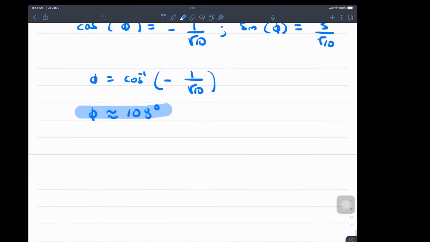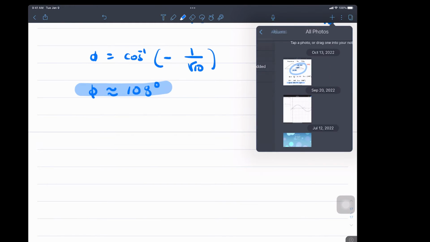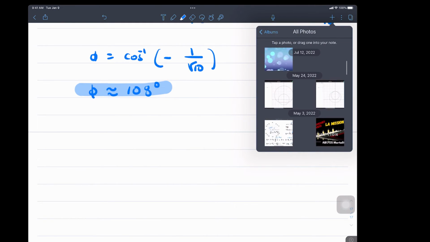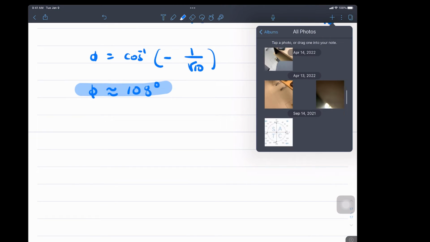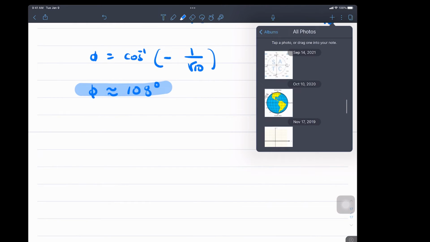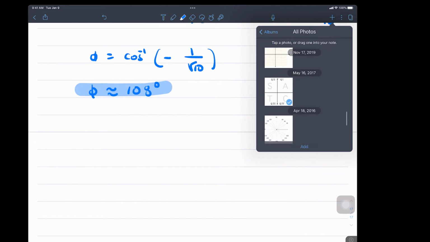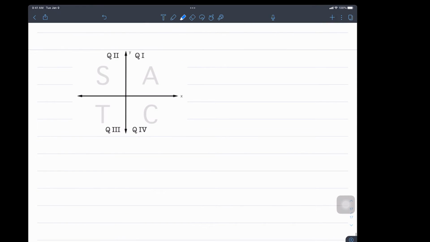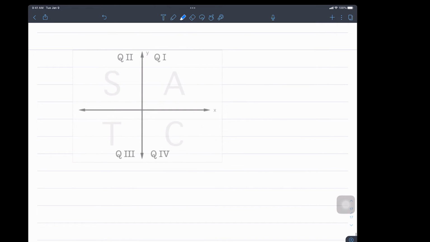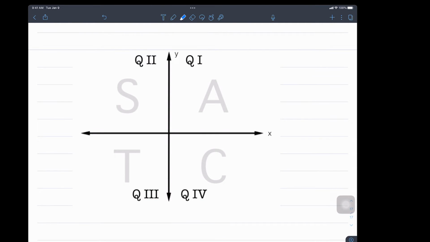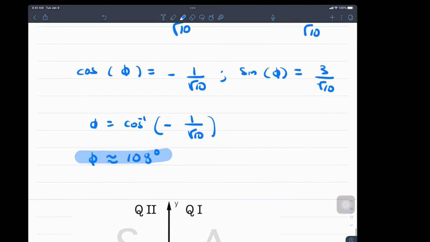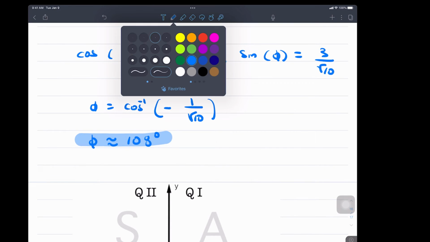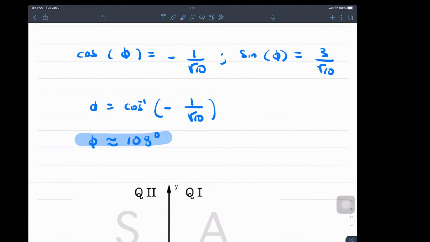But the problem is all students take what? Calculus. So what do we know here? Cosine is negative. Sine is positive.